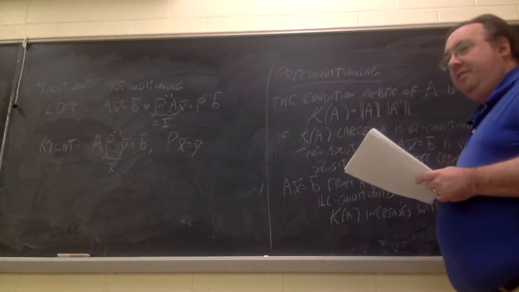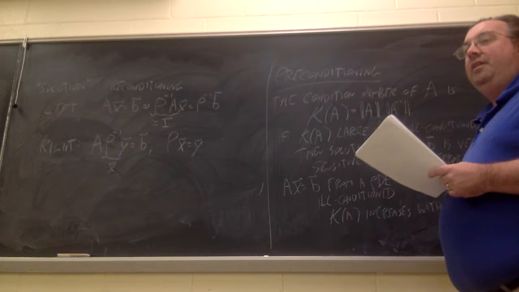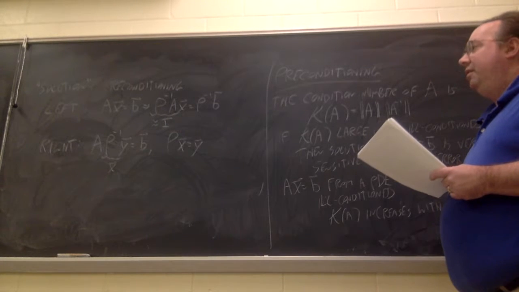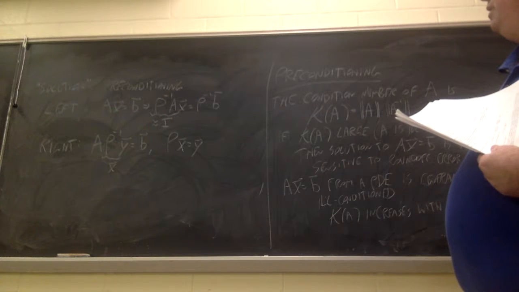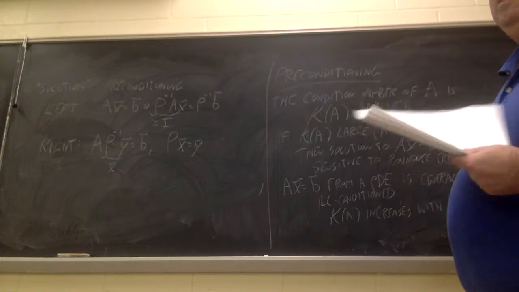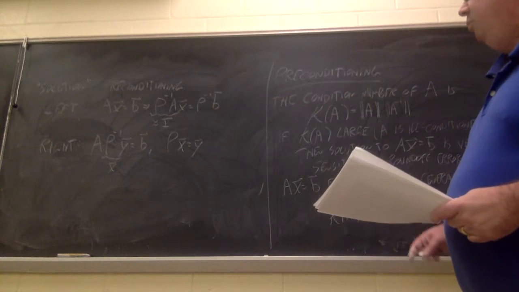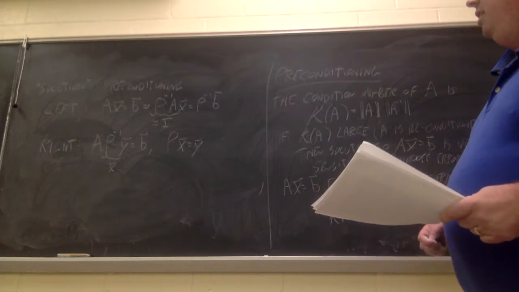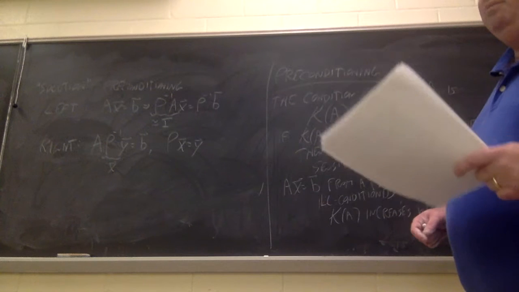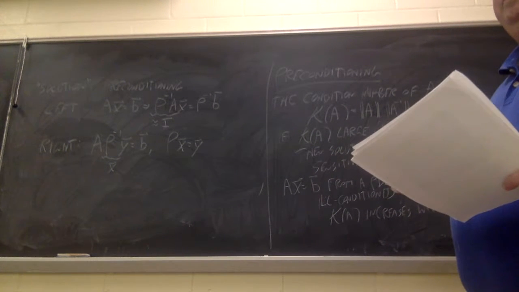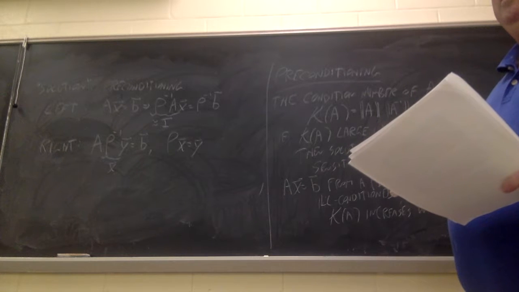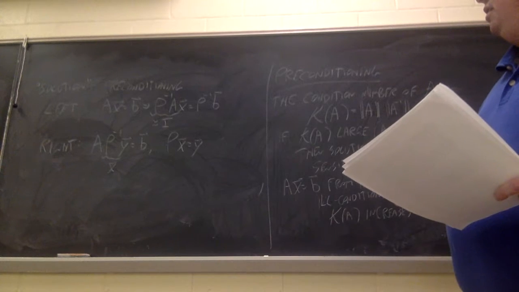Is that similar at all to the difference between forward and backward substitution? Does it matter left or right? Why is one left and one right? Oh, just because we're multiplying by A on the left or right. But A is on the left both times.